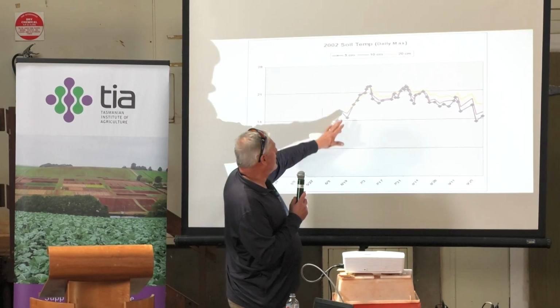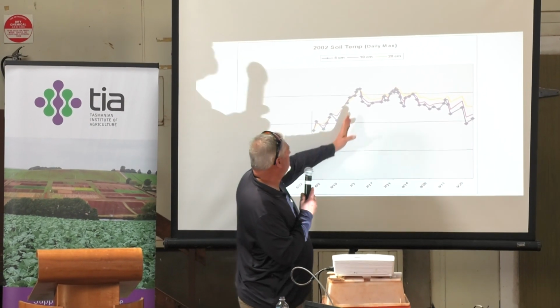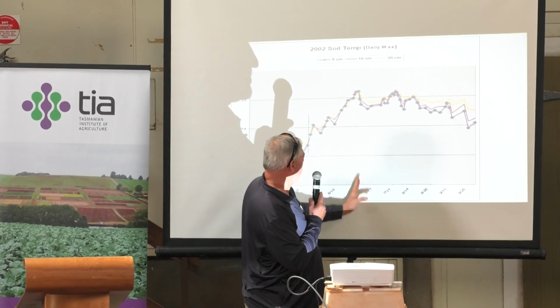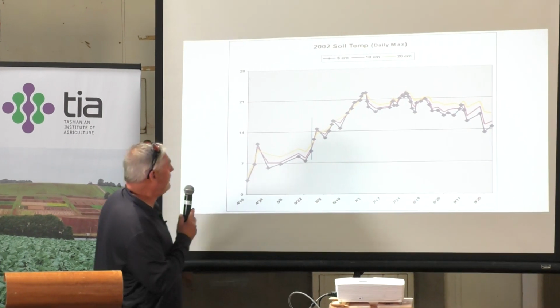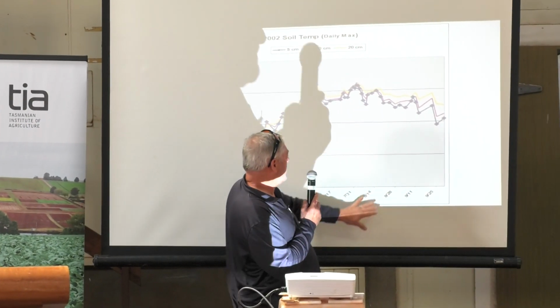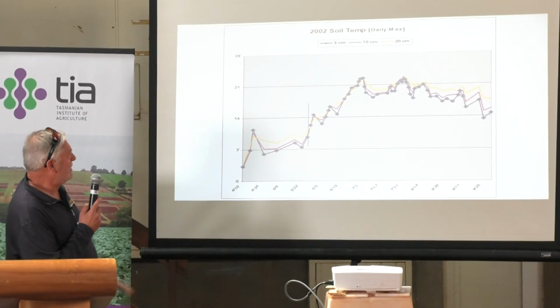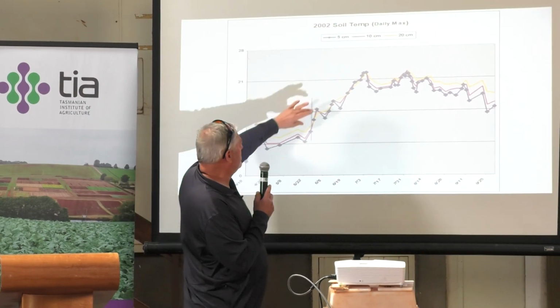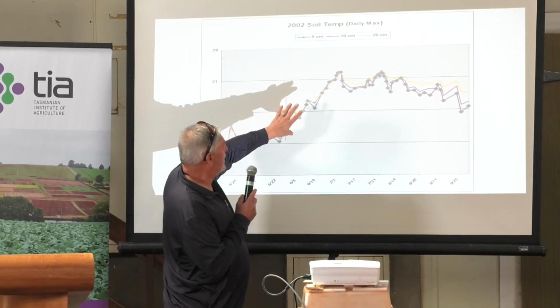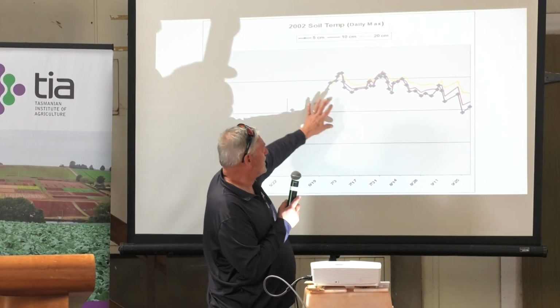And this year, the lines were pretty close to each other, and so it stopped. According to the model, it would have stopped right here in the first week of July and stayed inactive till early to mid-August. And this gap in here, I'll show you the data in a second, how long that is is kind of critical.